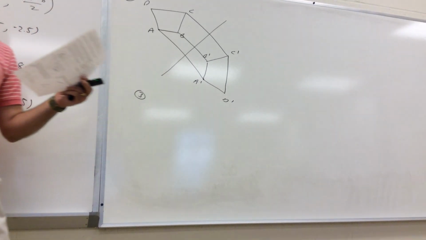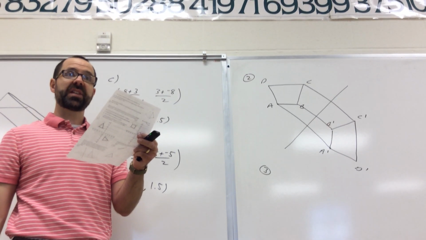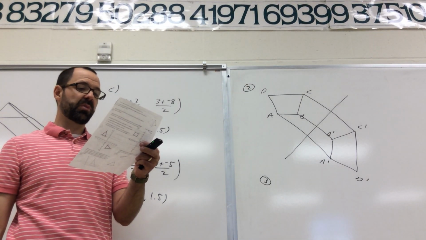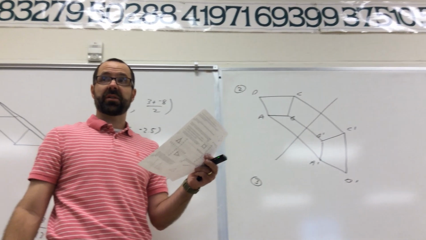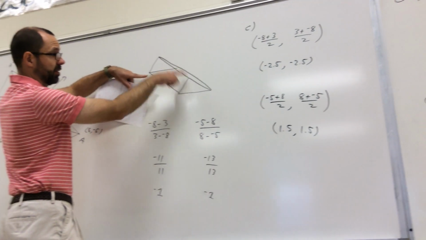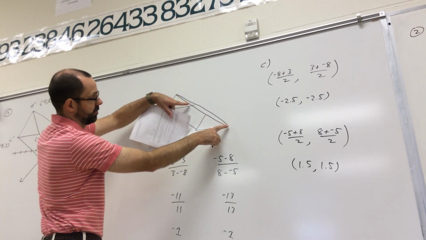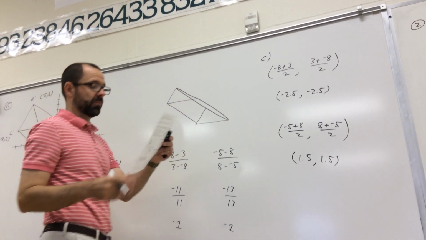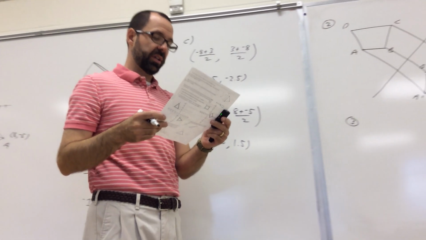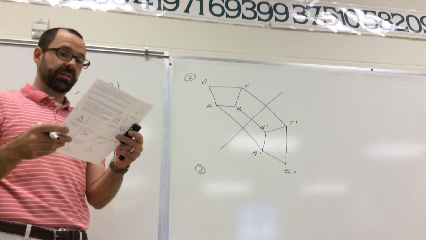Okay, so then number 3 has some information in it in the first sentence. It says, in a translation, each point moves the same distance in the same direction. That was yesterday, right? Same direction and same distance. But it's saying, what about a reflection?